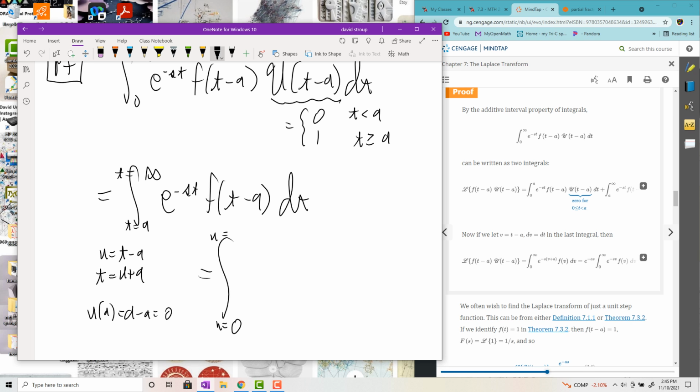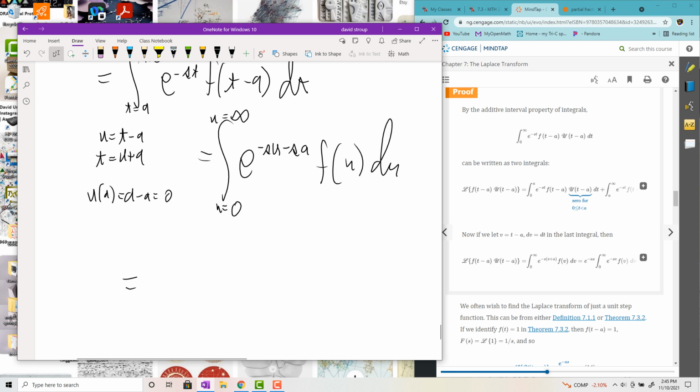So what you're going to end up with is basically the definition of the transform, with e to the negative s times u minus s times a, times f of u, and then du, right, because du is just going to be dt. And then you could rewrite that by factoring out this part, right?